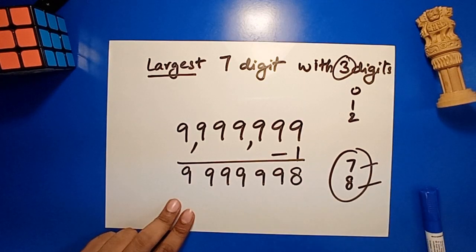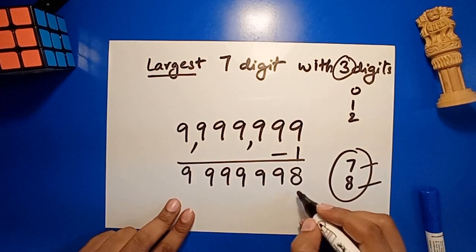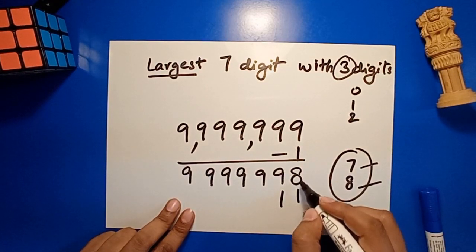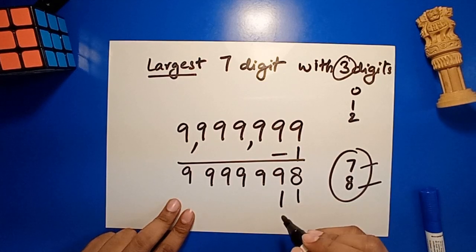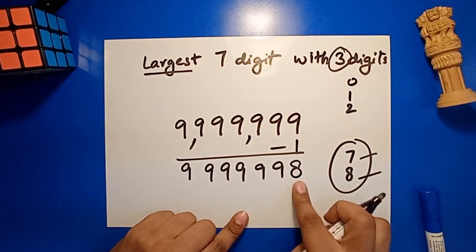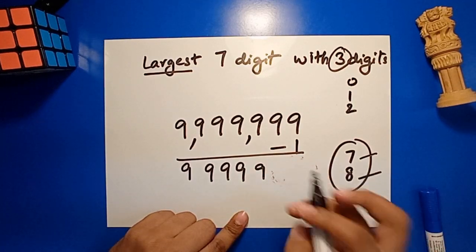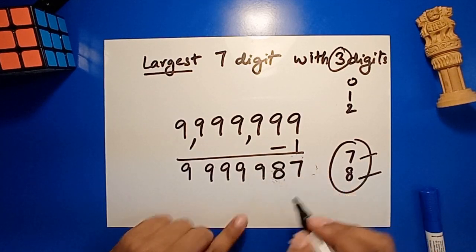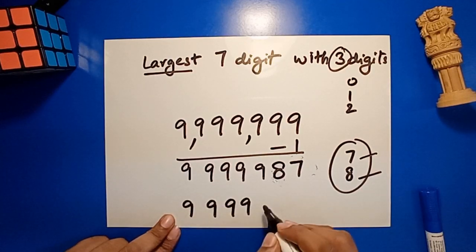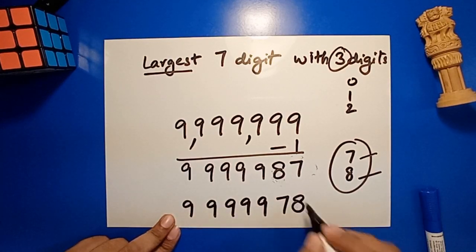So where should I use 7? Should I use 7 here, or should I use 7 here? Or the question should be, should I use 8 here, or should I use 8 here? Which one will have a larger value? Let's look at both the examples. Let's write 87 and 9,999,978.